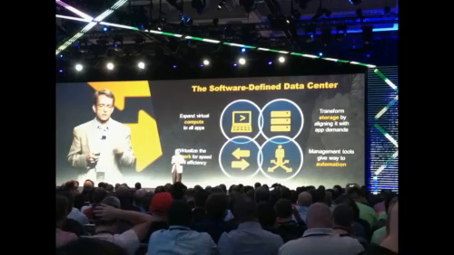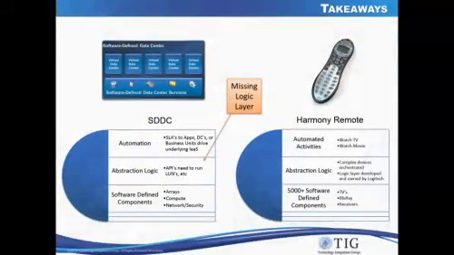And if you look at VMware vCloud and the construction of vApps, you start to get a nature for how this might look in the future, where you have multiple virtual machines constructing to represent one application and its usage in a business environment. So here we are at the final conclusion of the differentiation, and we've got a software-defined data center and a Harmony Remote.